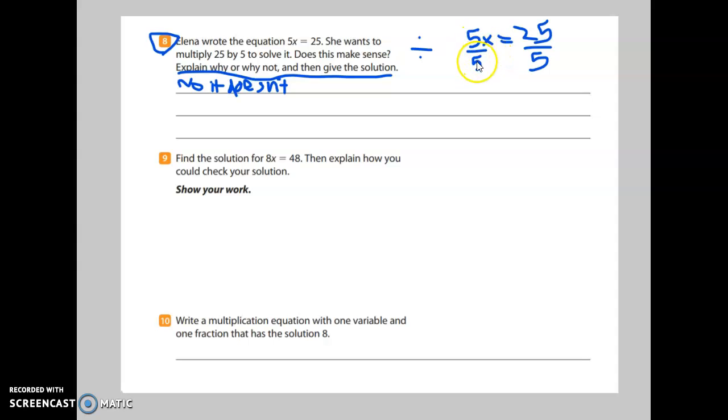So 5 divided by 5, it cancels out. And then x is by itself. And 25 divided by 5 is 5. So x equals 5. And we can plug this back in. We would go 5 times 5 equals 25. Is that true? Well, yeah, it is.